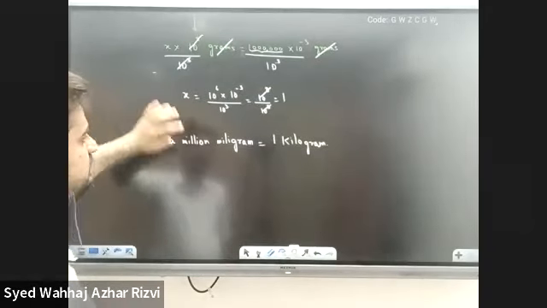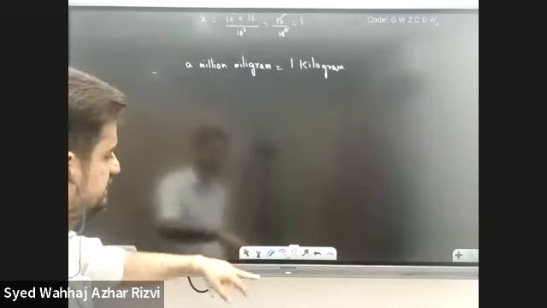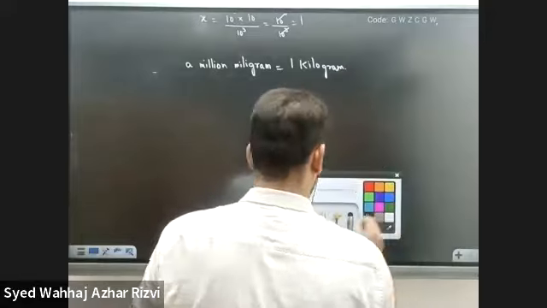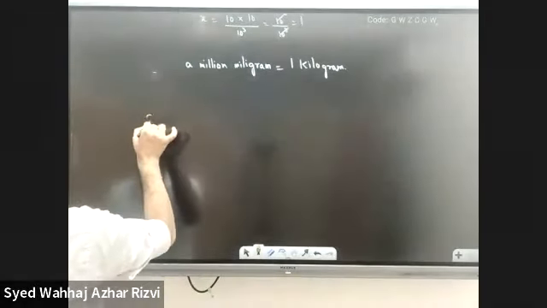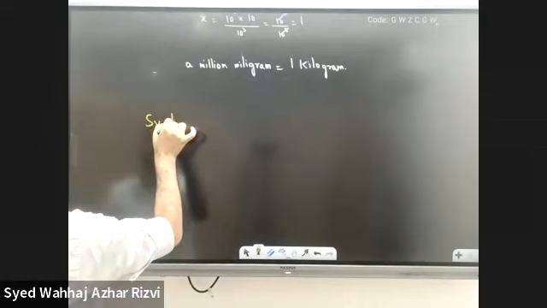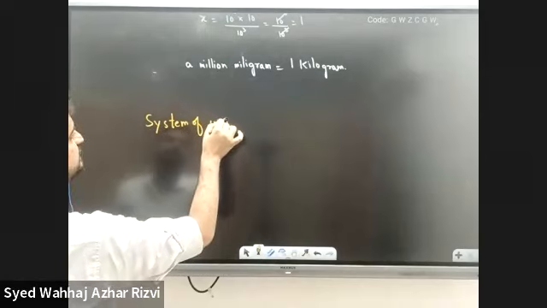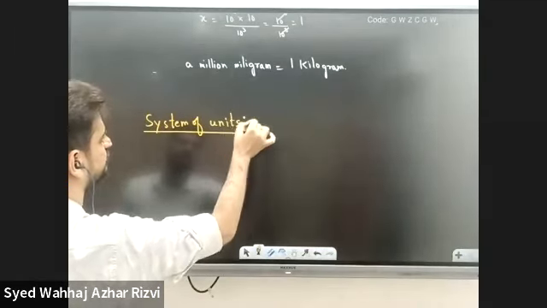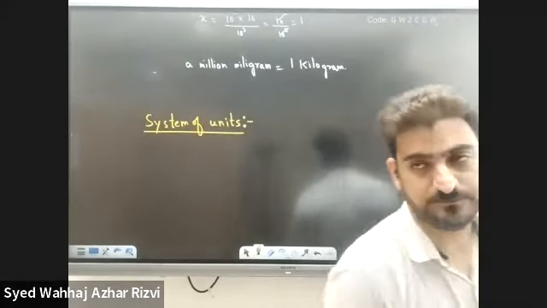Okay, I think this is something that we have done. Now we have to deal with the idea of system of units. That is something that we have to understand now.